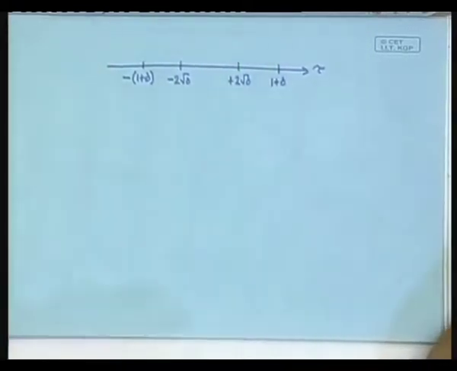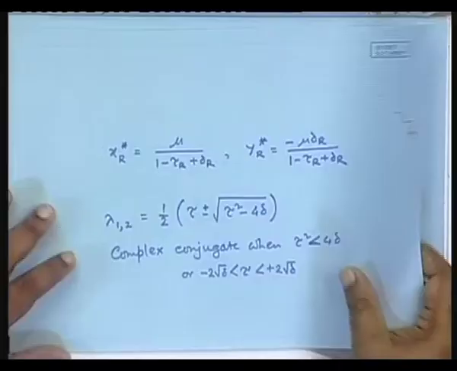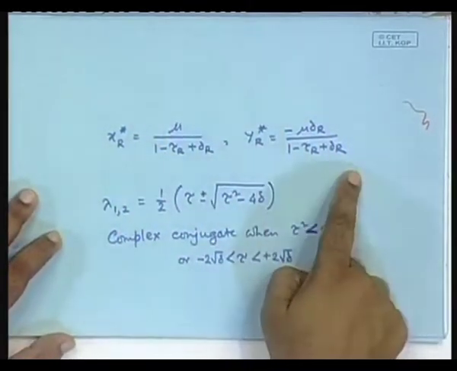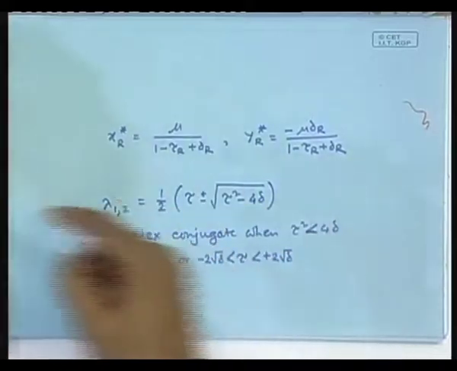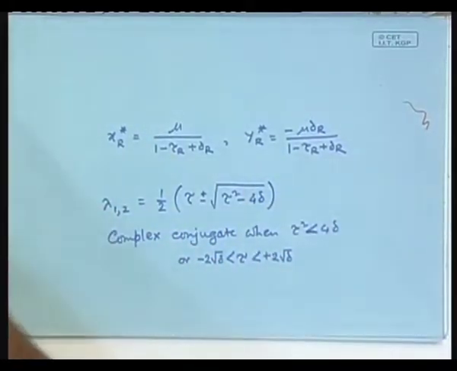Now, in this system, what happens? As you vary the parameter mu, notice that, where was the tau L written here. Let us keep them side by side.